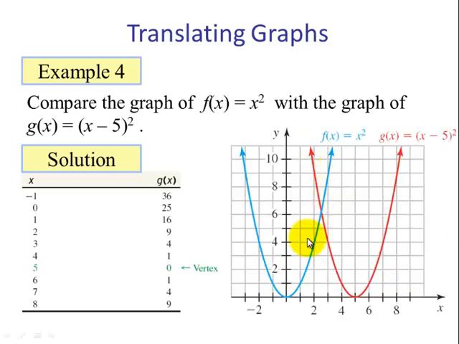Graphically, x squared is here, and when we plot these points, we have this graph. If we look, we see that the vertex is no longer at 0, 0. The vertex now is at 5, 0. So we can see the relationship between the value of h and the x-coordinate of the vertex.